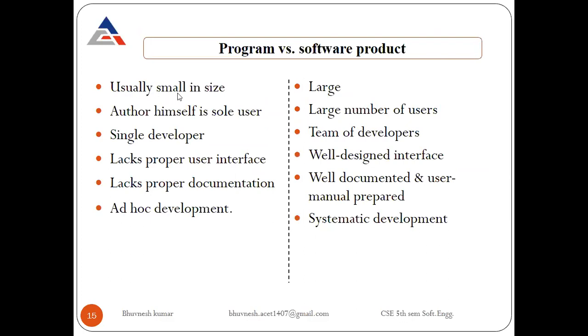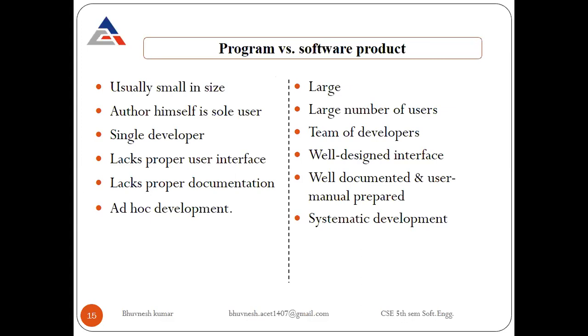A program is usually small in size, a single program. If I am talking about a program, it is a single program, small in size. If I am talking about a software product, software is made of a number of modules, like an online shopping application.